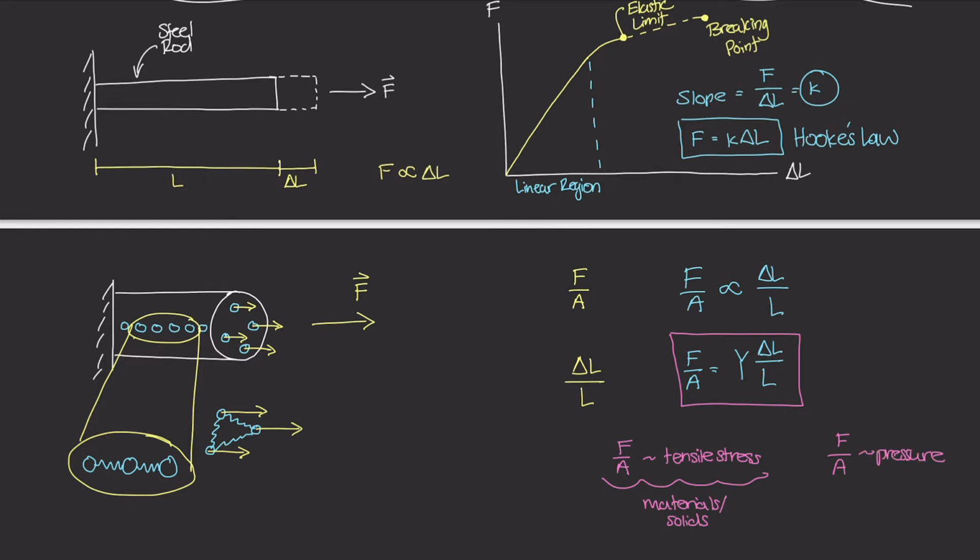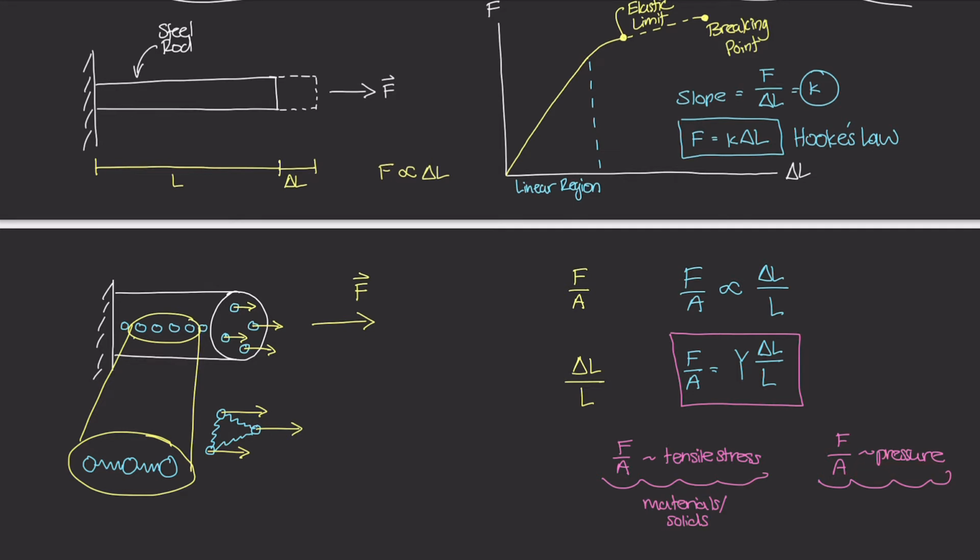But there are some very fundamental differences between these two definitions. When we're talking about F over A or tensile stress for solids, understand that this stress is being applied in a particular direction. In the case of this rod, this F was being applied along the length of the rod, whereas this F over A for fluids is pressure, and this force is being applied to all surfaces on that object, or in all directions.